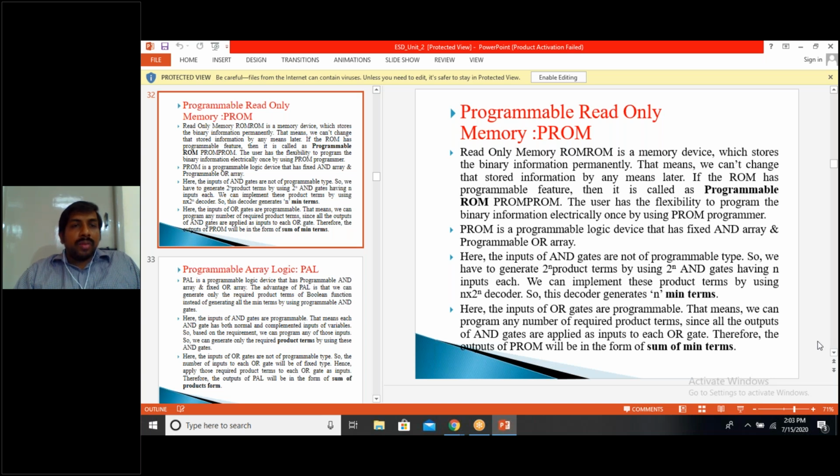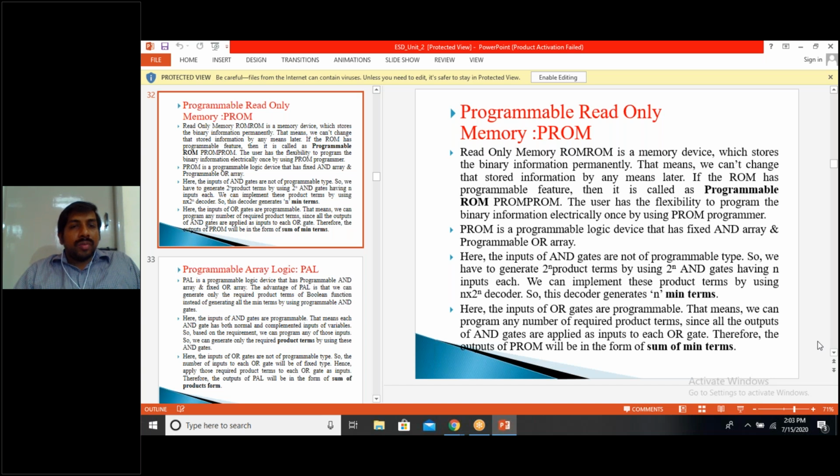So the binary information, whatever it is programmed, now we have a capacity that we can also electrically program this ROM, and that's why it is called programmable ROM. It is programmable because the manufacturer can program the binary information electrically once by a PROM programmer.